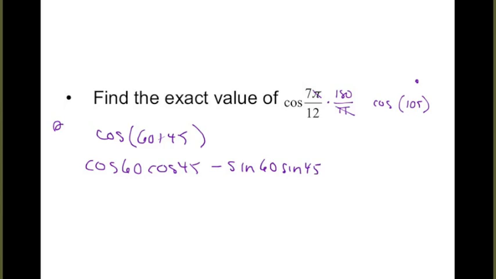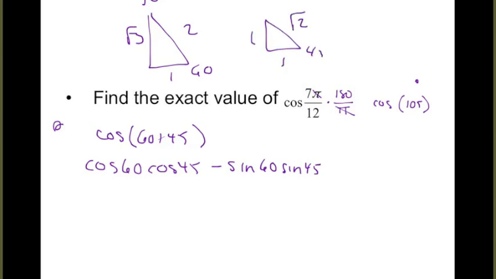So then we use our special triangles. 30, 60, 90. And 45, 45, 90. Cosine adjacent over hypotenuse for the 60 is 1/2. For the 45 is 1 over square root of 2. Sine of 60 opposite over hypotenuse is square root of 3 over 2.